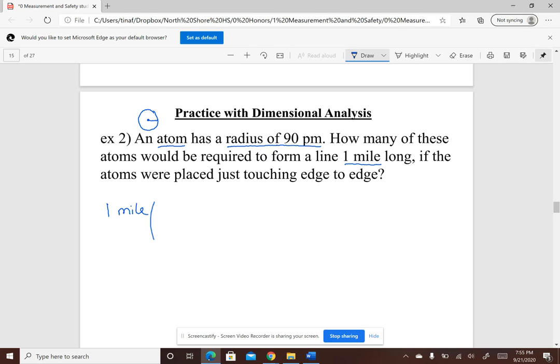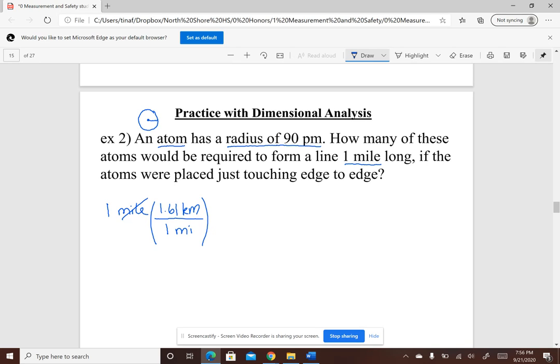So looking at my conversion chart, I could get rid of the unit miles by changing it to kilometers. And now that's good because now I'm in the metric system. I got rid of miles and I'm in the meters. Now I just have to worry about changing the prefixes.